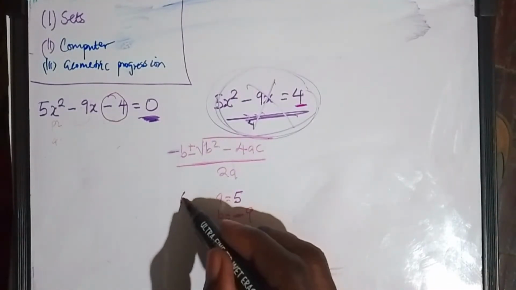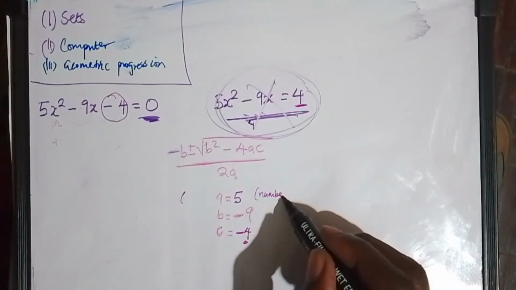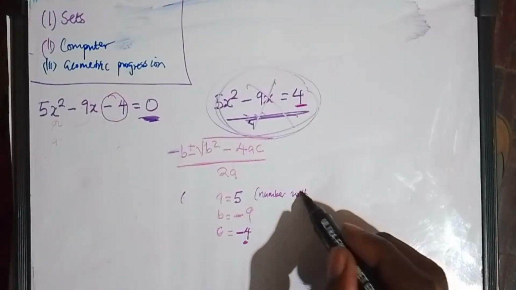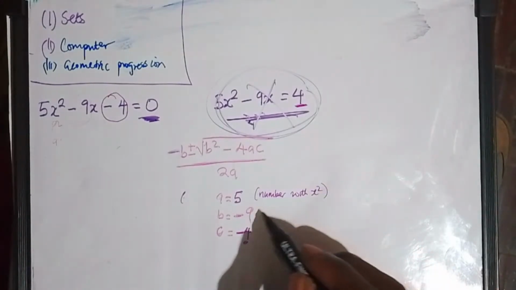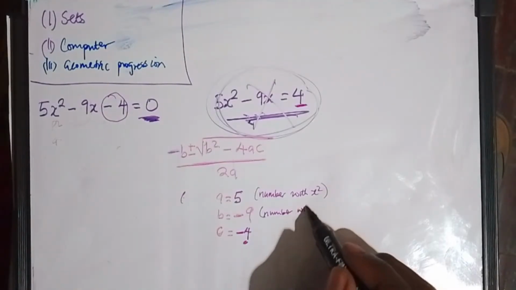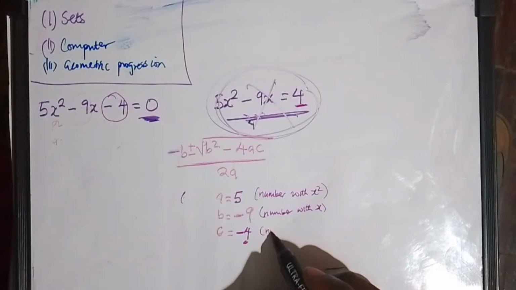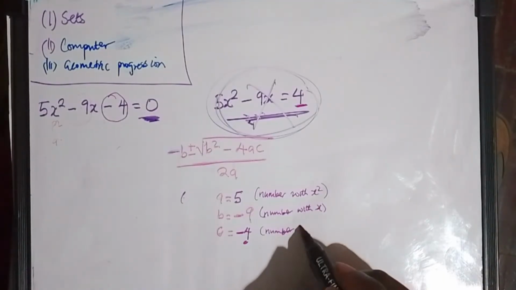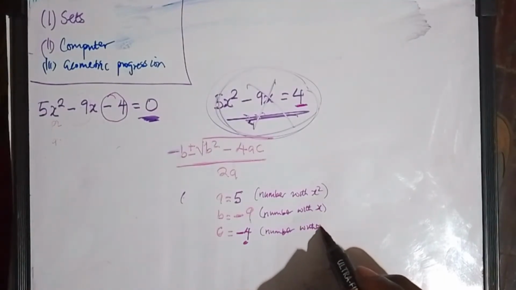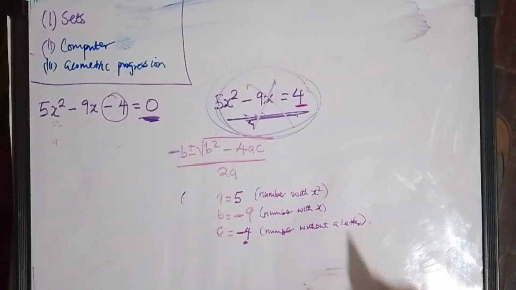So this is how you pick. A is the number with x squared. Then B is the number with x. Then C is the number without a letter. So this is how you can pick.